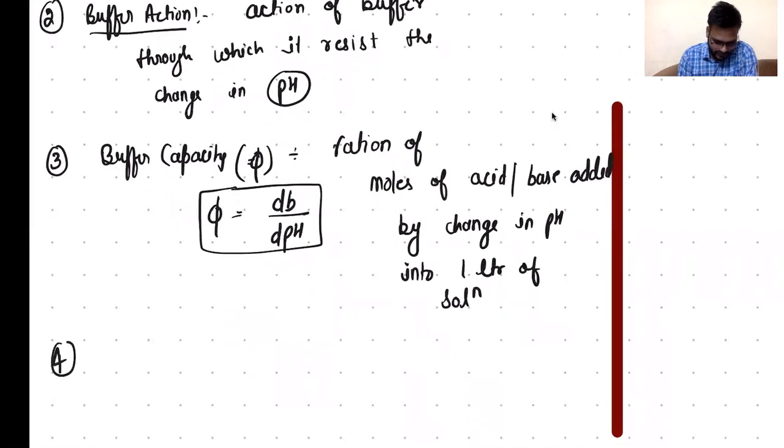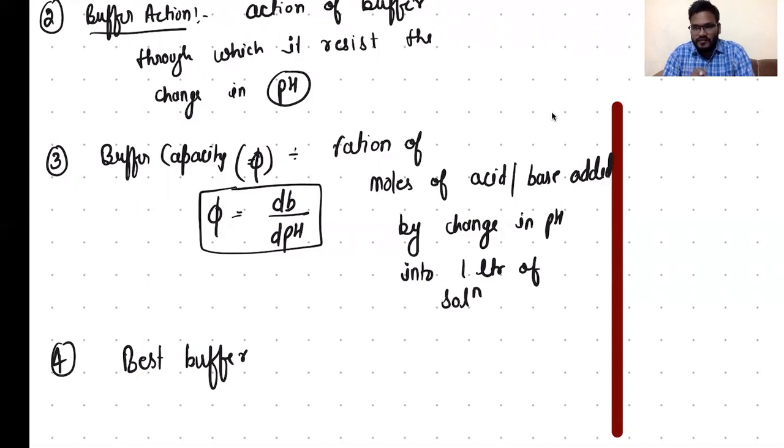The fourth one is best buffer. In the given range, there will be a certain pH at which a given buffer tries to resist the change in pH at its maximum. It is a value of pH at which the resistance to change the pH is maximum.